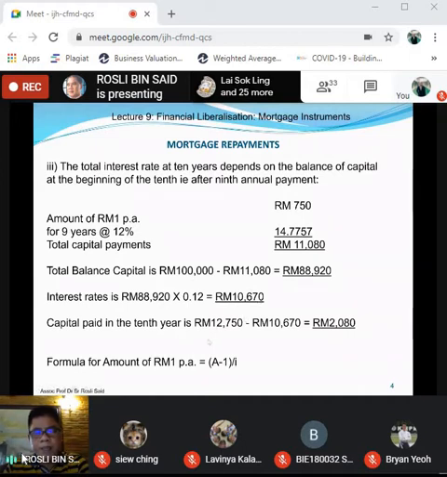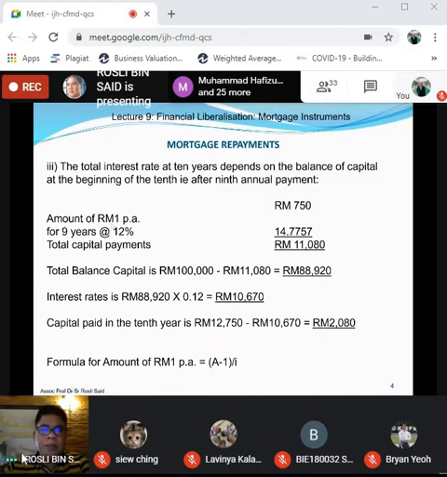And the capital paid in year 10 is 12,750, which is the fixed amount that we are supposed to pay, and we deduct the interest, which is 10,670. So the balance is 2,080 ringgit.